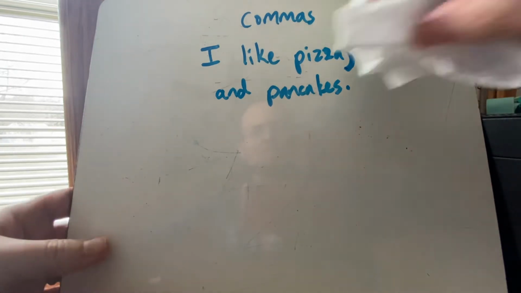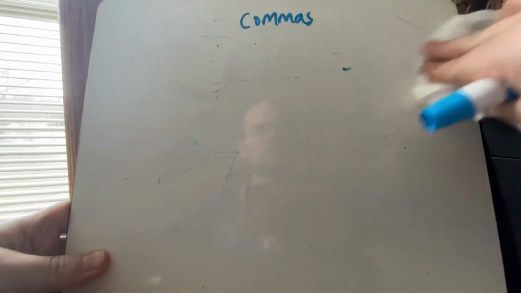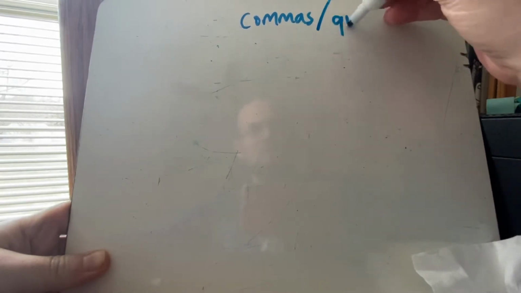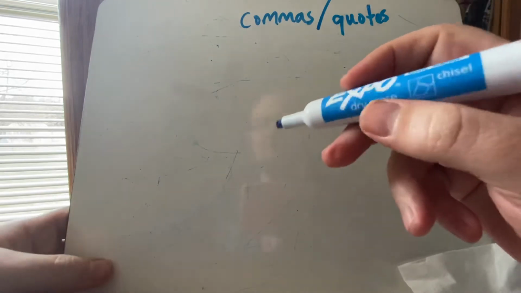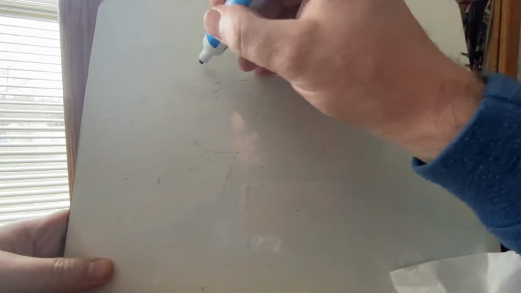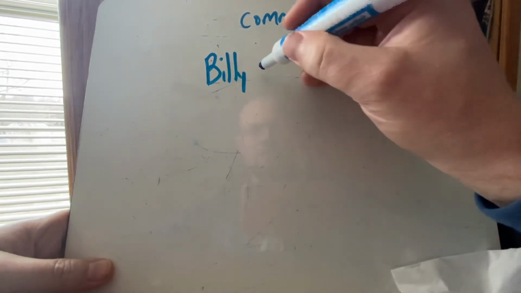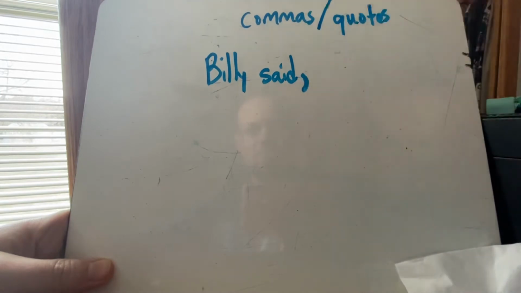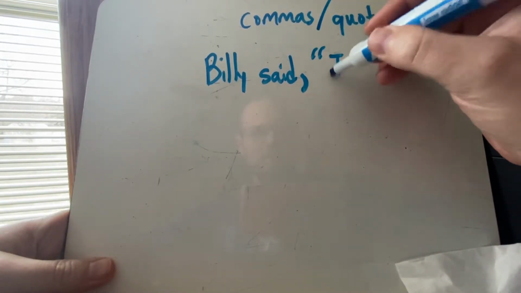Another place where we will see commas is when we are using our quotes. If you remember, quotes are used to show when somebody's talking. And if the person is talking first, so if we find out who's talking first, Bill said, we want to put a comma there, and then we start the quote for what he said.